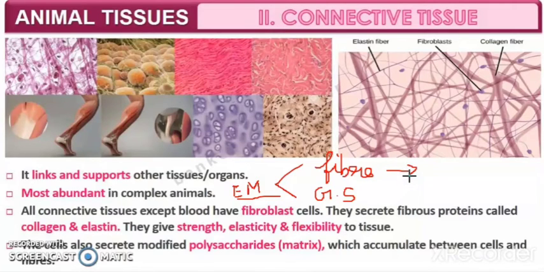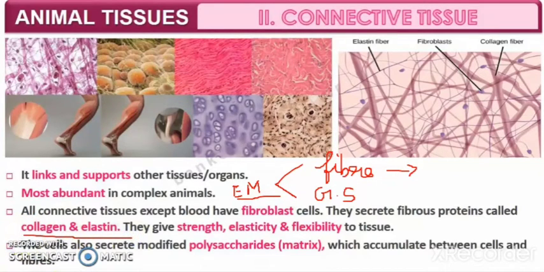Please keep in your mind, in all the connective tissue except blood, the cells will secrete fibers, right? So except blood, all the other connective tissues like cartilage, tendon, then bones, all these places, their cells will secrete fibers of structural proteins which are called collagen and elastin.